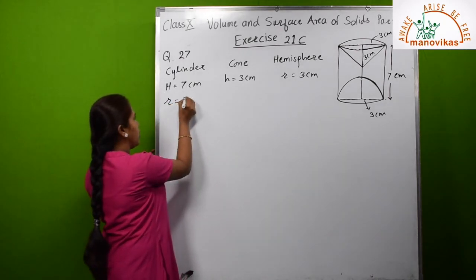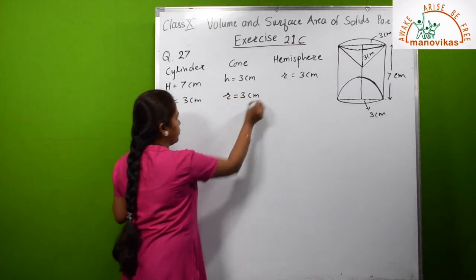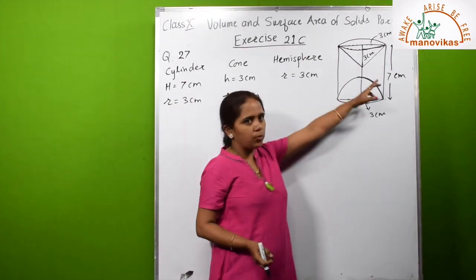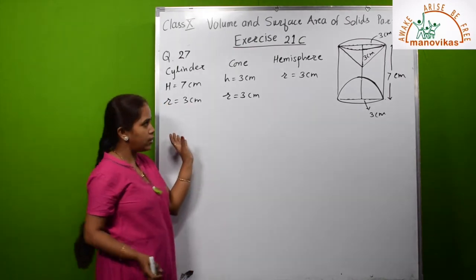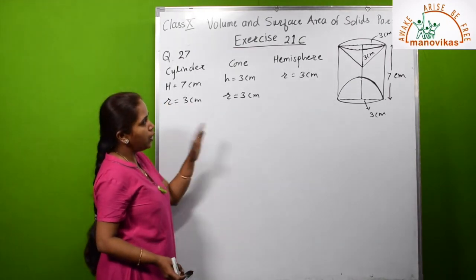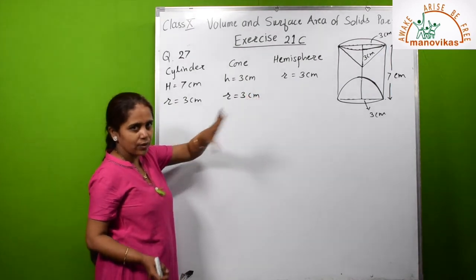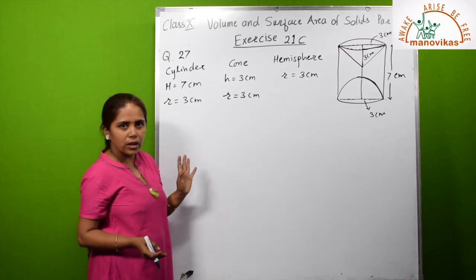So here R value is also 3 cm. What we have to find? We have to find the volume of the remaining solid. Okay. So from the cylindrical volume, the conical and hemispherical cavities are scooped out. We have to find the volume of the remaining solid.